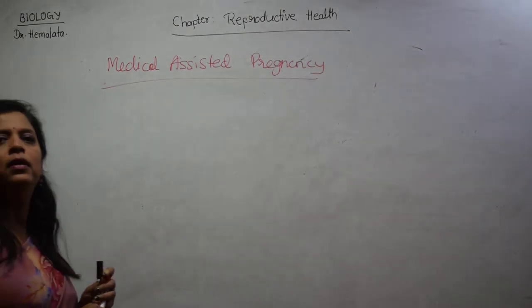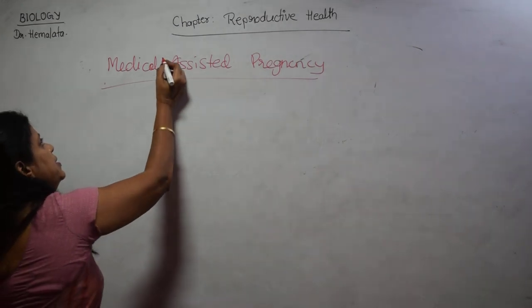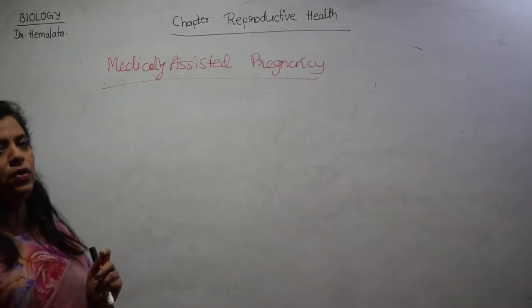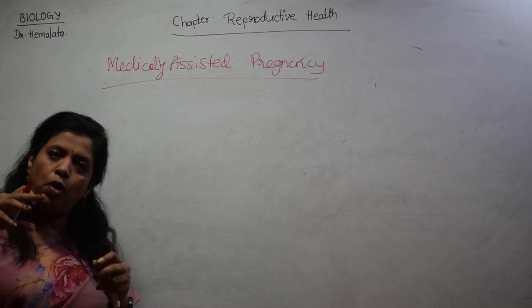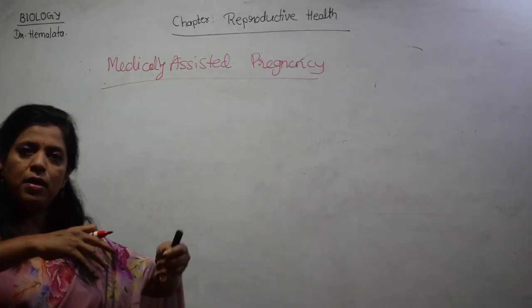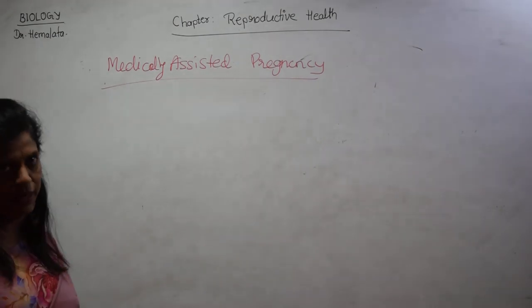Okay, now what is medically assisted pregnancy? Medically assisted pregnancies are various methods by which doctors will help in making the female fertile or make the female get pregnant, right?